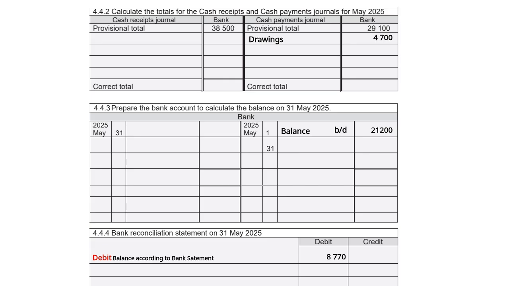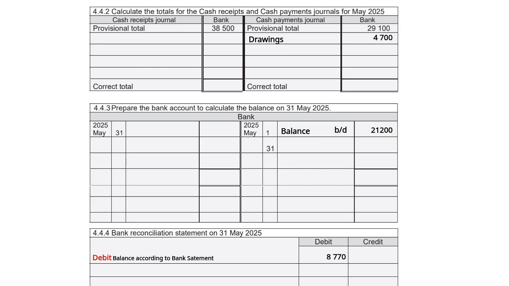B, a direct deposit made by a debtor whose account was previously written off as irrecoverable, 6,000 rand. So if a debtor's account is previously written off as irrecoverable, we open a new account called bad debts recovered. That is an income, and that goes to our cash receipts journal.